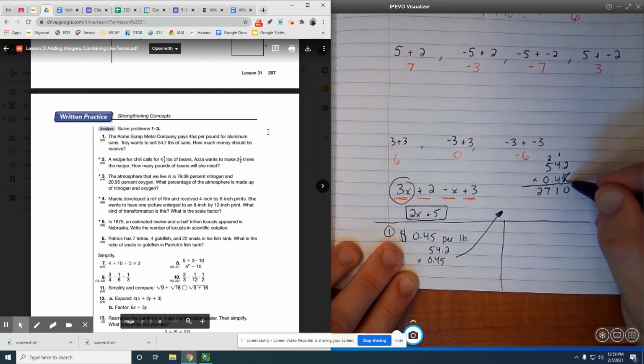I'm done with this one, so I need to put an X down here as well. 4 times 2, I'm also not going to use these numbers anymore. 4 times 2 is 8, no carry. 4 times 4 is 16, carry the 1. 4 times 5 is 20, plus 1 is 21.